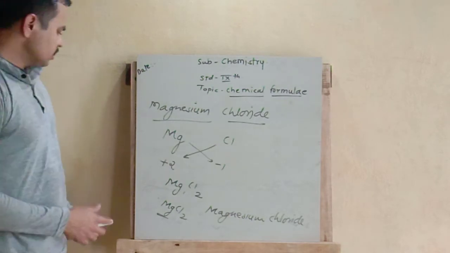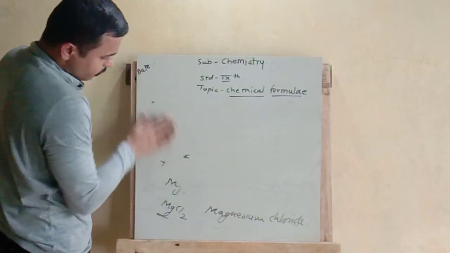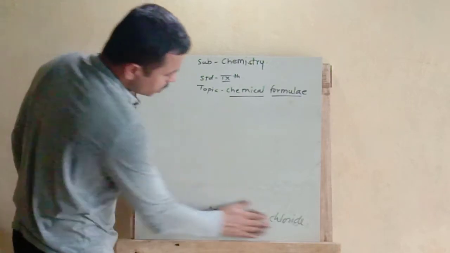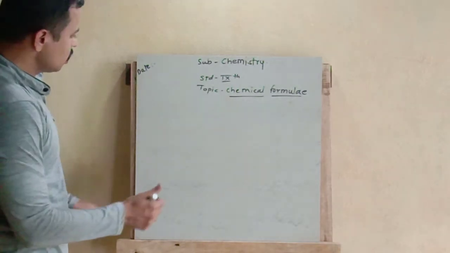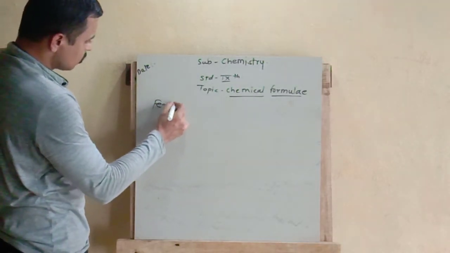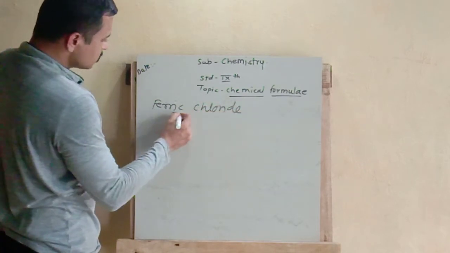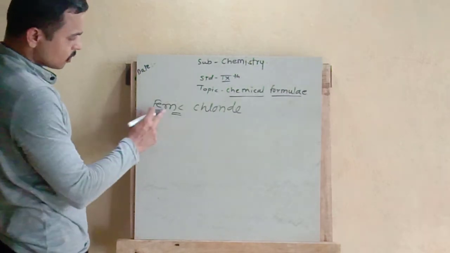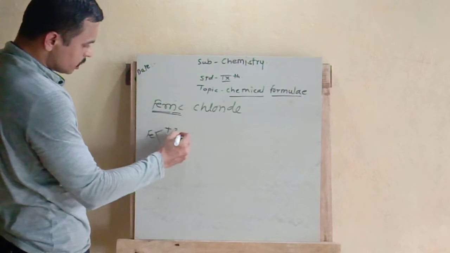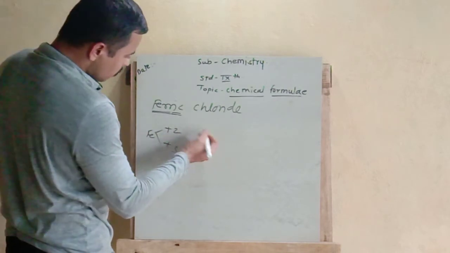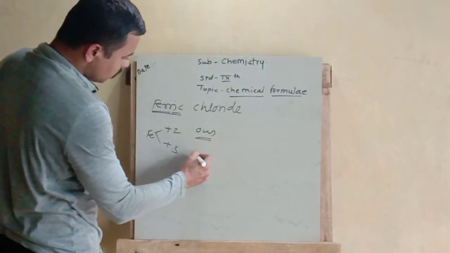Understand? Another example I would like to give you is ferric chloride. Suppose I want to write the chemical formula of ferric chloride. In this case, the IC suffix is given, ferrous and ferric. There are two states of iron, +3 and +2. +2 means the OUS suffix, and +3 stands for the IC suffix.